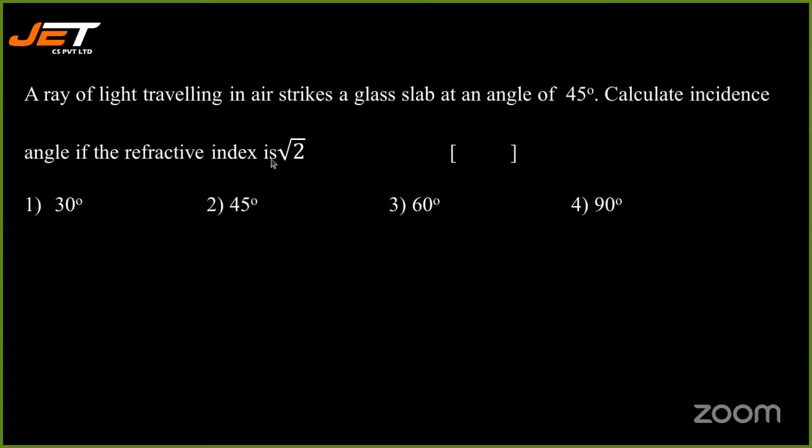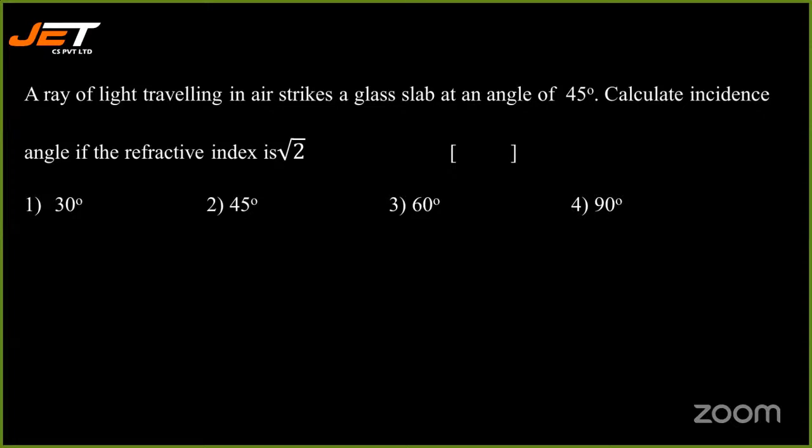So basically what happens? N1 by N2 we have, if we consider a ray of light from air into a glass slab, it is √2. For air, the refractive index is always 1. The refractive index of air will be always equal to 1, right?